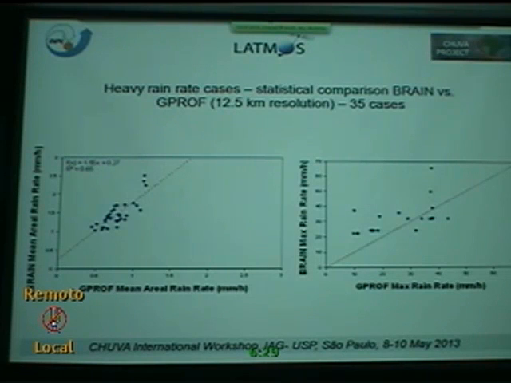We have overestimation using BRAIN, but it doesn't seem that it's related to the maximum value that we have in the image, in the SWOT. So, as I told you before, we need to go deeper to analyze this data and see if we are doing it the right way.